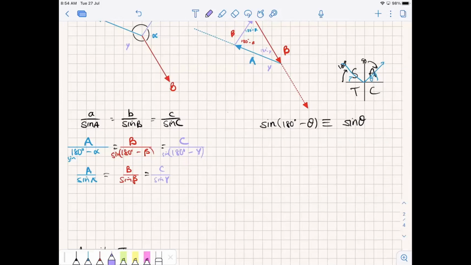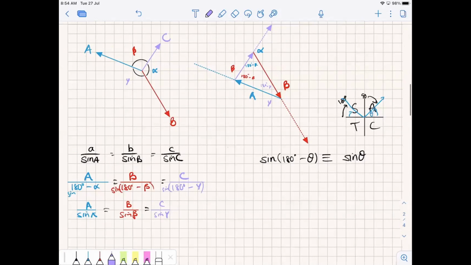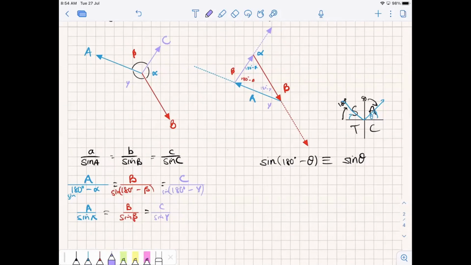Now, if we return back to our original diagram, so this is not the triangle. Have a look at the original force vector diagram. Remember, we're looking at forces, not at triangles. If we knew the angles or the magnitude of the forces, have a look at the sine ratio and look where the angles are.